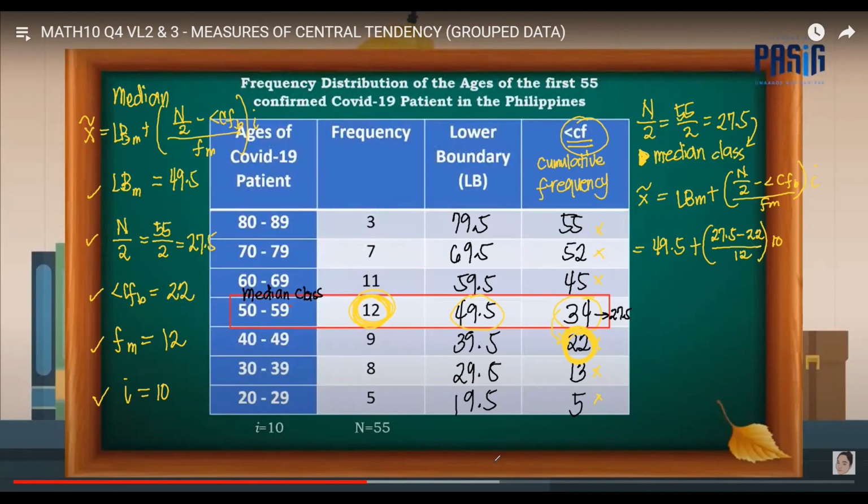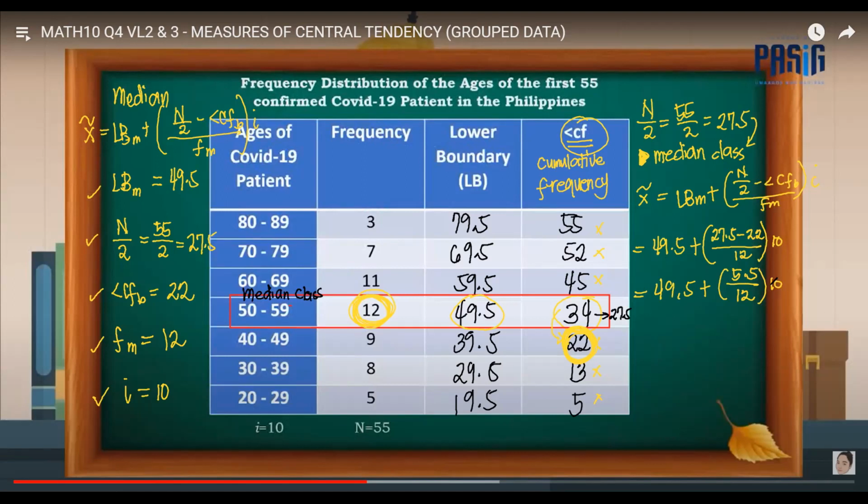Let us divide that by 12. So, it will become 49.5 plus 5.5 divided by 12, then times 10. So, we have 5.5 divided by 12.